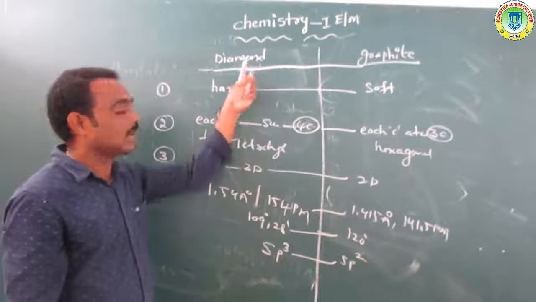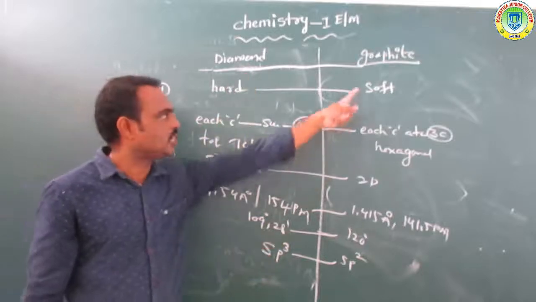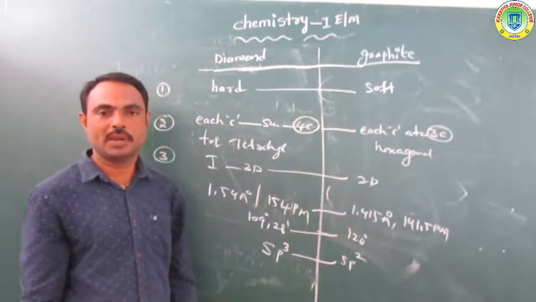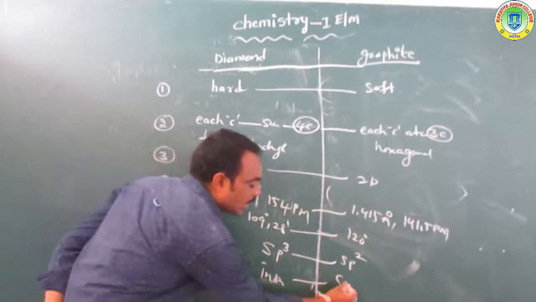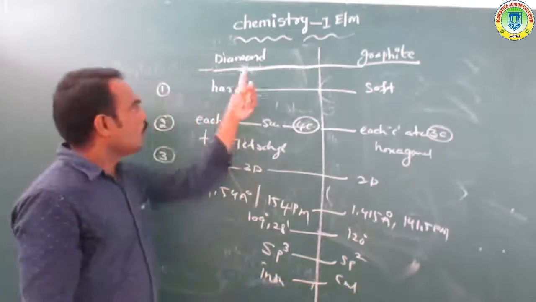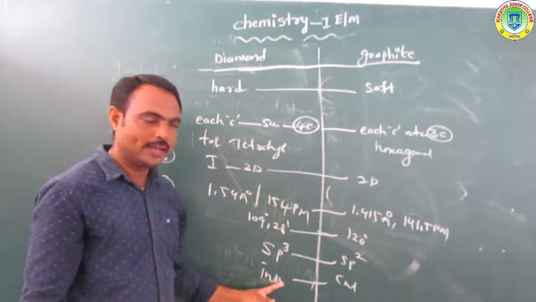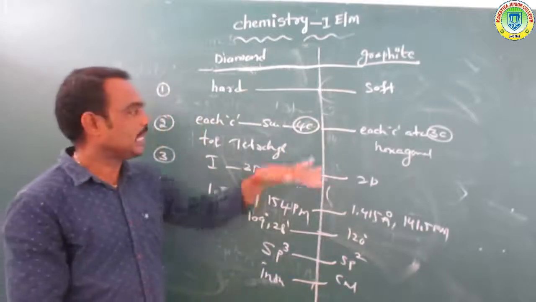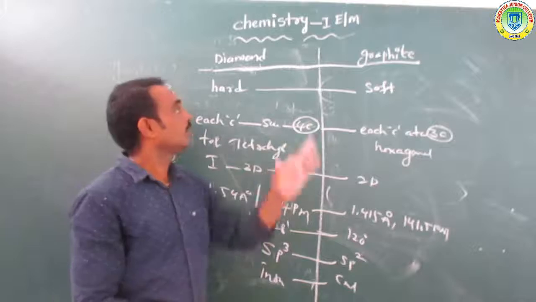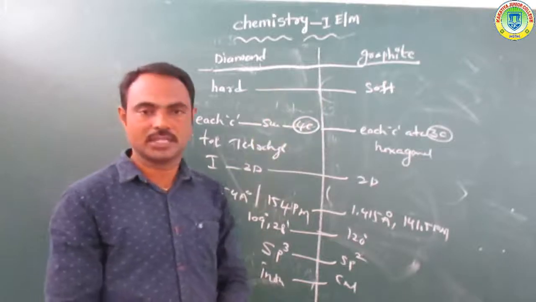Diamond is an insulator and graphite is a conductor. So these are the differences between diamond and graphite.